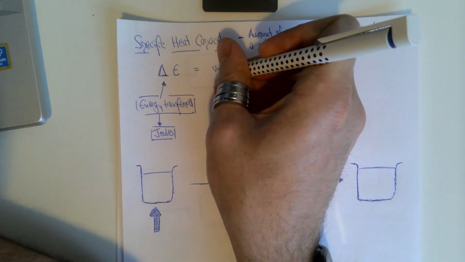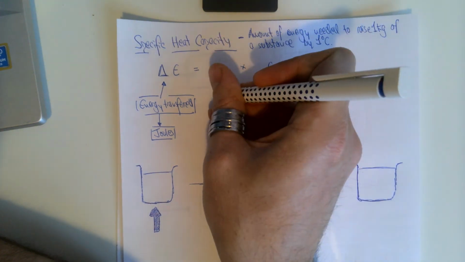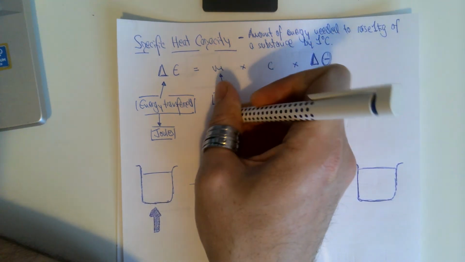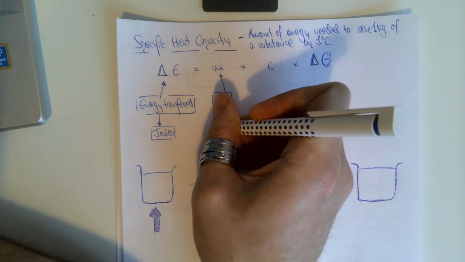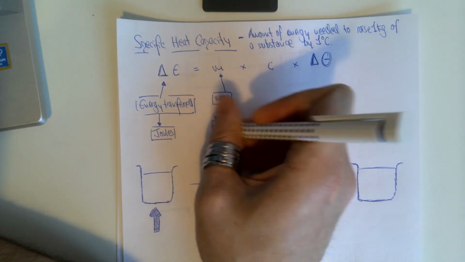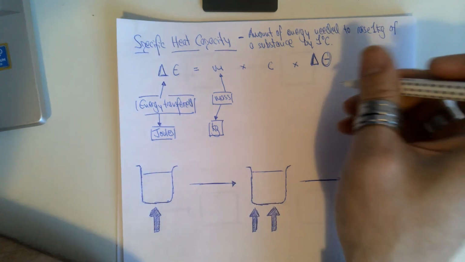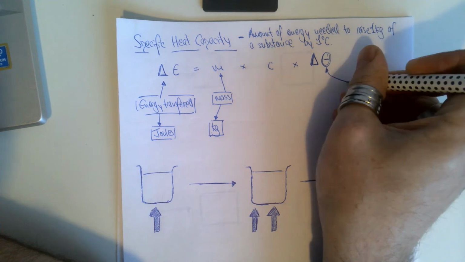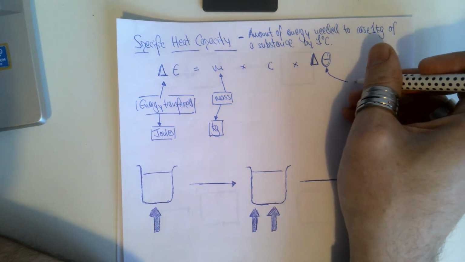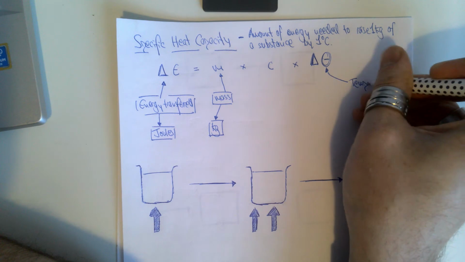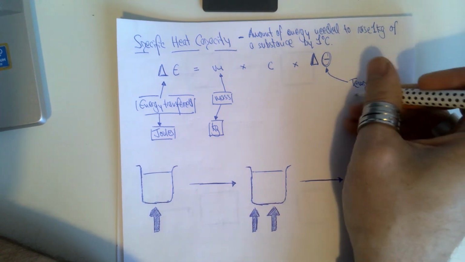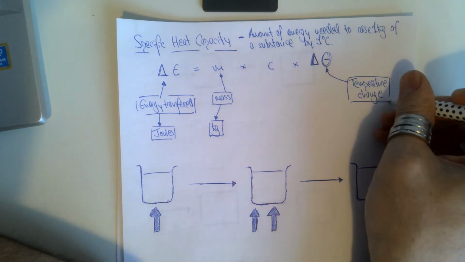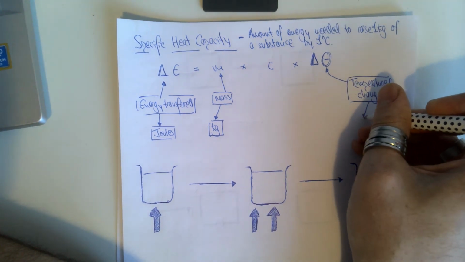M refers to the mass of the substance being heated, which is measured in kilograms. Theta here refers to the change in temperature of the substance, which is measured in degrees Celsius.